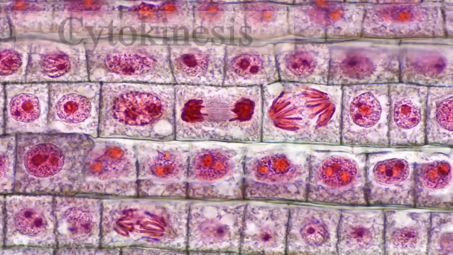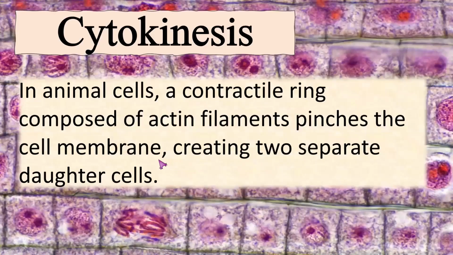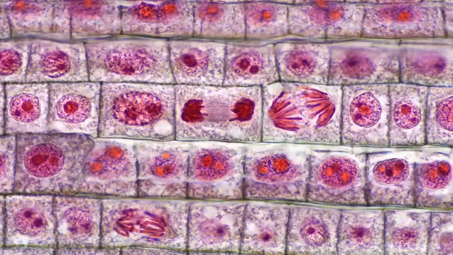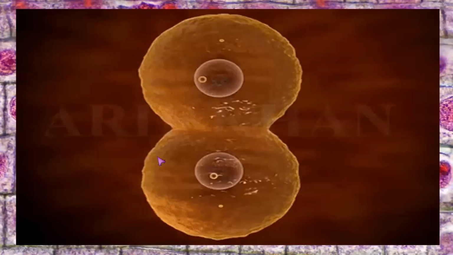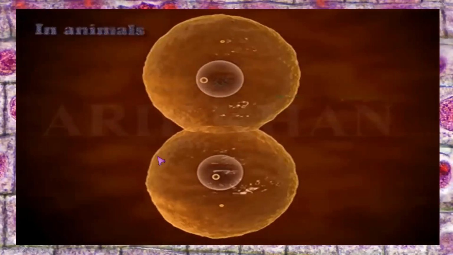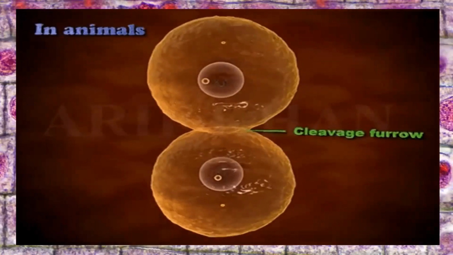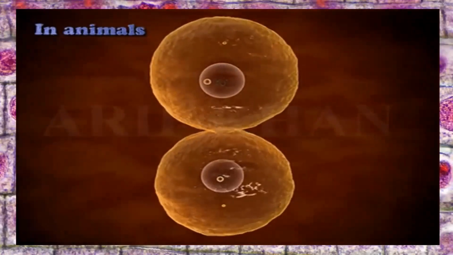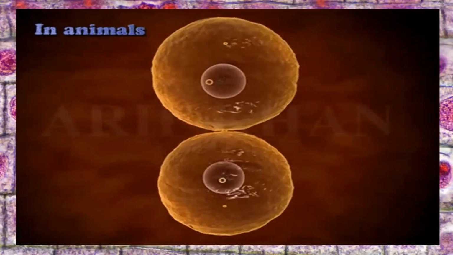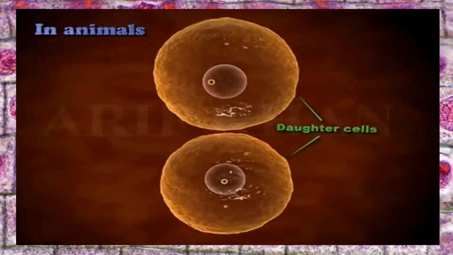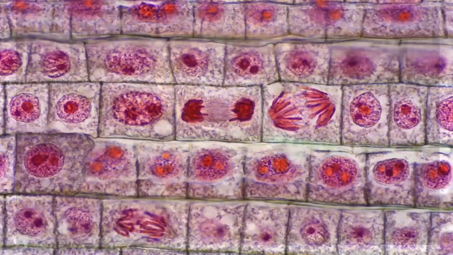And in cytokinesis, in animal cells, a contractile ring composed of actin filaments pinches the cell membrane, creating two separate daughter cells. That happens in the animal cells, creating two daughter cells.